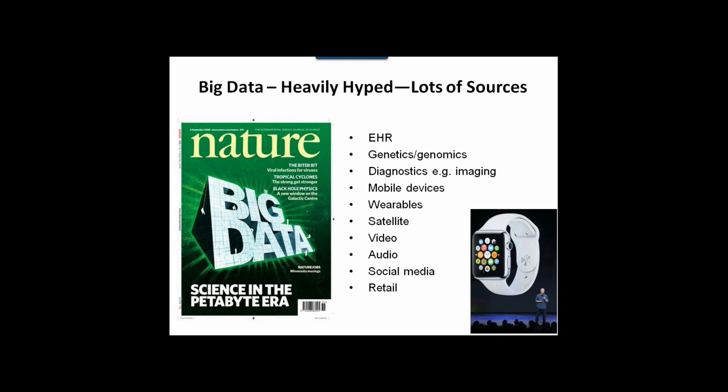And increasingly, it's becoming possible to use even other types of data like satellite and video and audio data and to process that in very granular ways. A couple of the types of data which I think may be most useful in healthcare are data from social media and real retail data. And if you use those sorts of things, you can understand all kinds of things about people that it would be hard to understand otherwise.